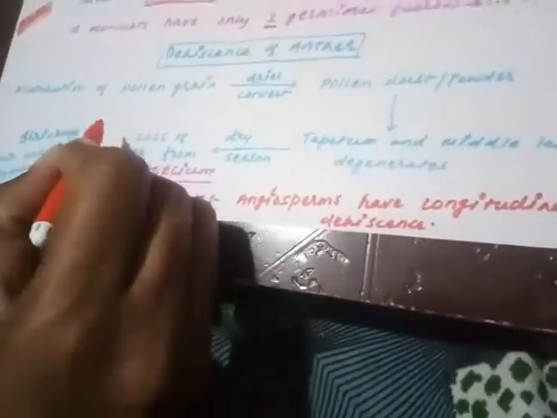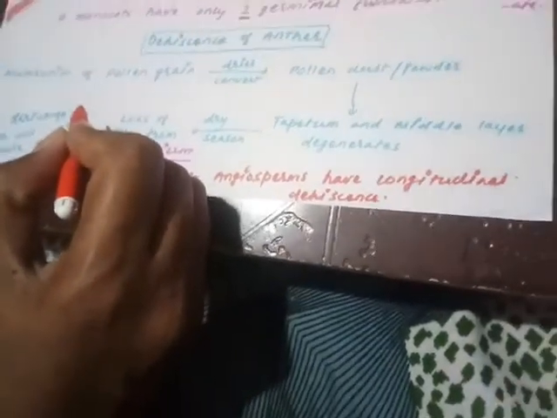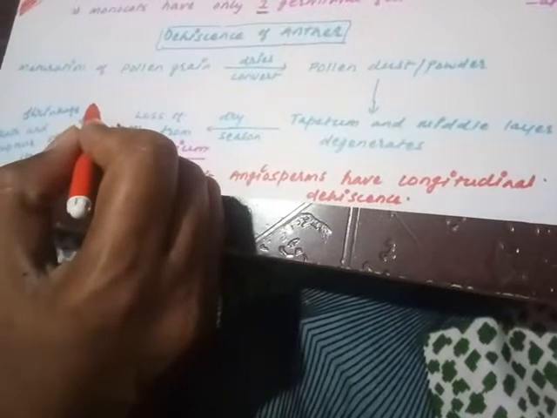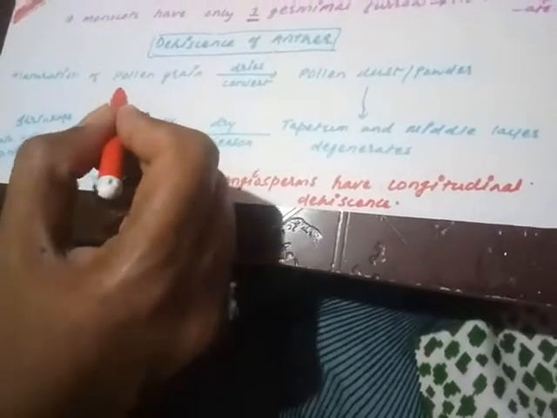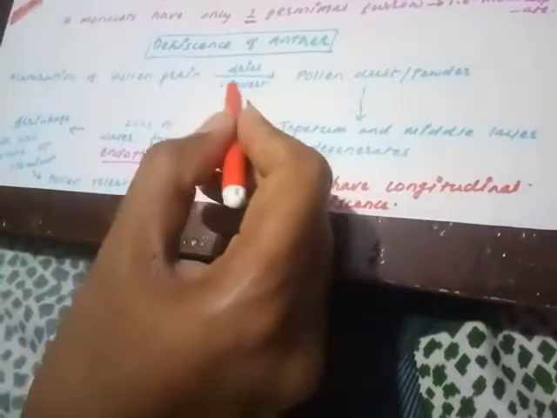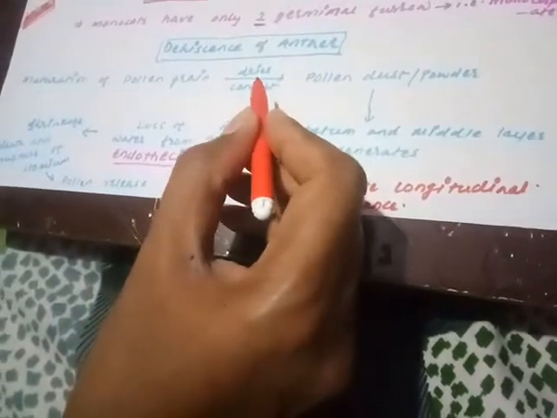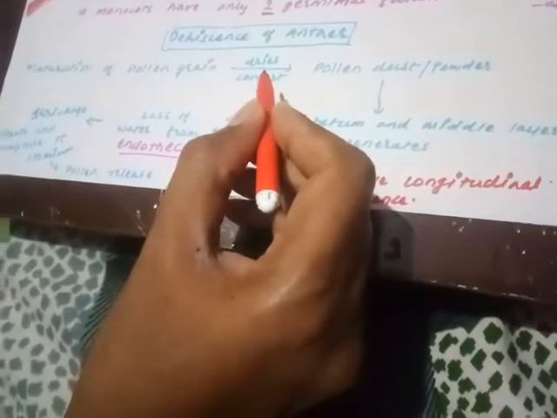How dehiscence occurs, just try to understand. I'm going to explain it in a very simple and easy way with the help of a flowchart. Just pay your attention here. As soon as the pollen grain matures, meaning it now has a well-defined structure, nucleus, sporoderm, everything, it completely dries up.